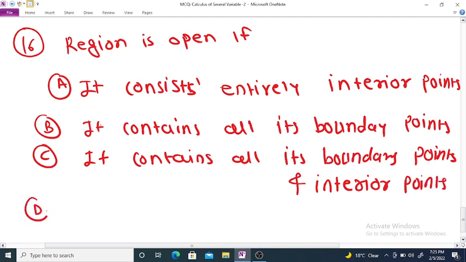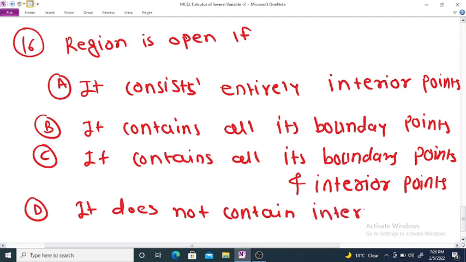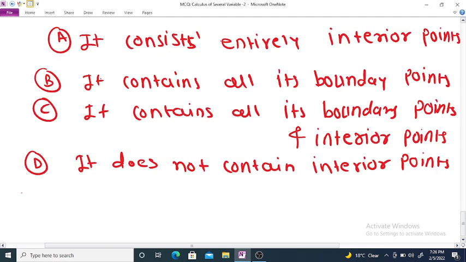And option number D, it does not contain interior points.